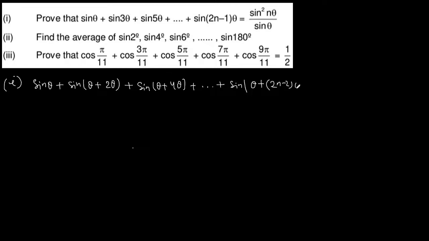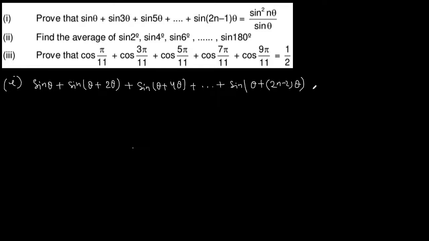So we have sine theta plus sine 2 theta plus sine 4 theta plus dot dot plus sine of 2n minus 2 theta.